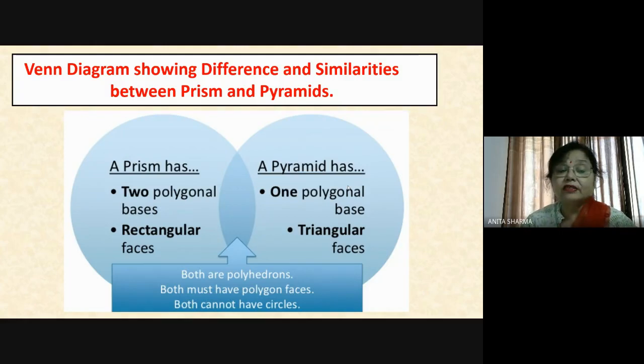And how are they similar to each other? Both are polyhedrons, means both are solids made up of polygons only, and they have polygon faces and they cannot have circles. I mean cylinder, we cannot consider it prism.